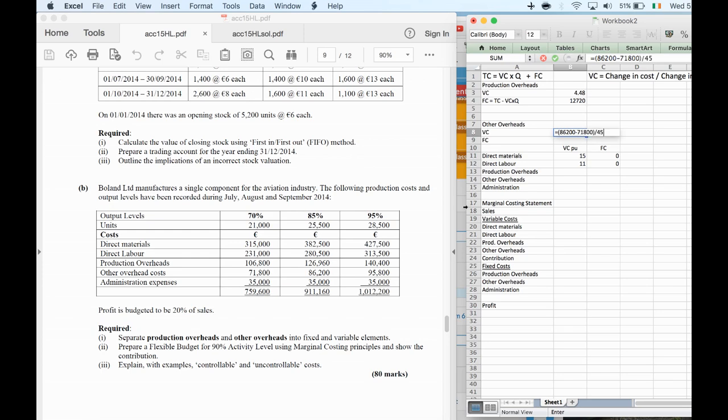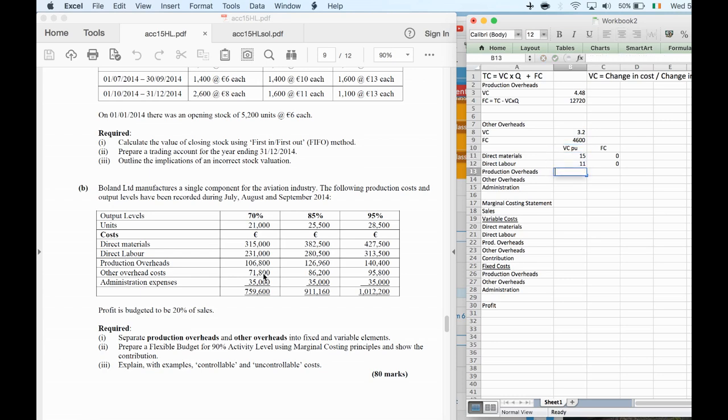I divide that by 4,500. It's 3.2. So the fixed cost is going to be, if I use 70% again, 71,800 minus, my variable cost is 3.2 times the 21,000 units. So that gives me 4,600.